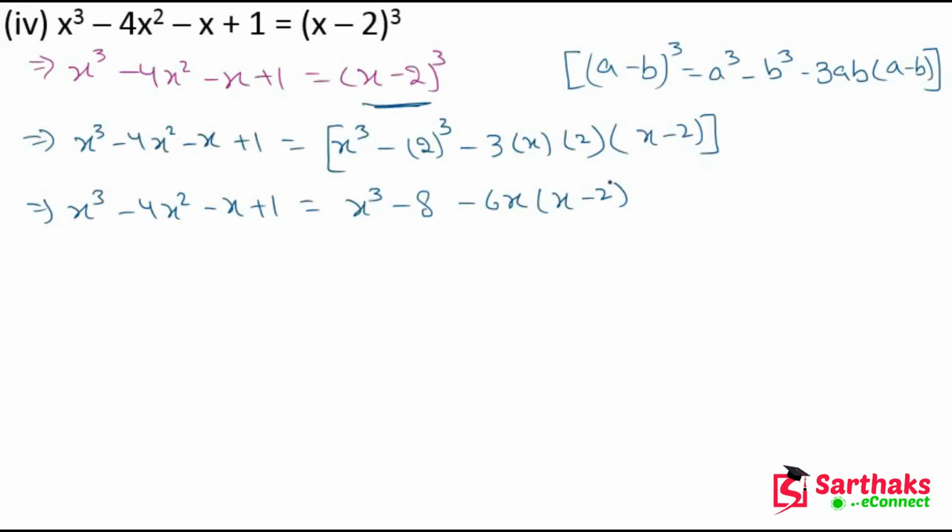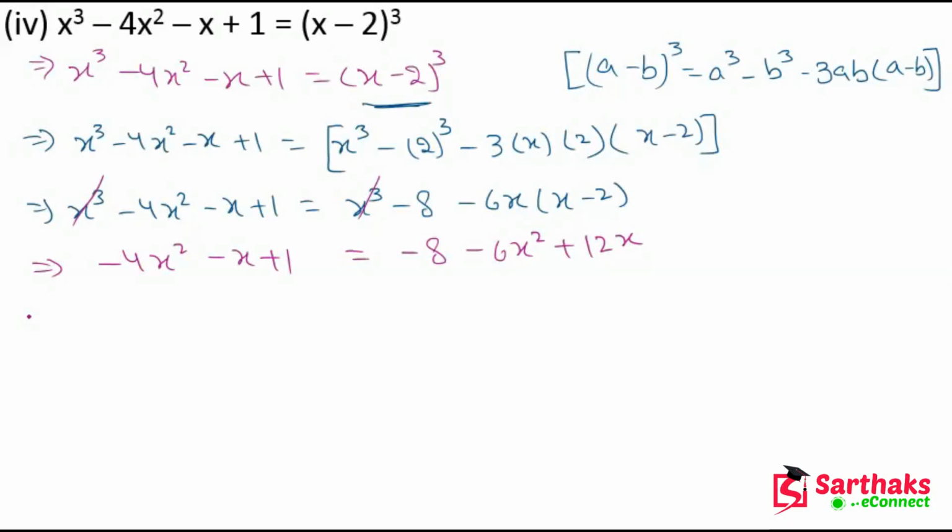Okay, my dear friends, now if we observe, this x cube and this x cube will cancel. Here we have minus 4x square minus x plus 1, which is equal to minus 8 minus 6x square, and we get plus 12x.